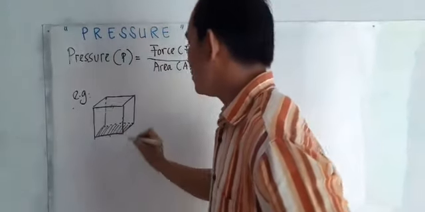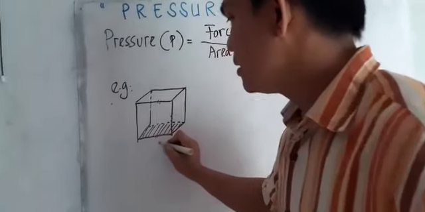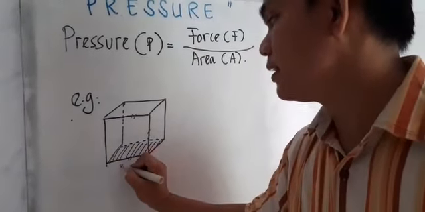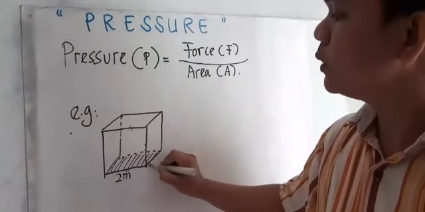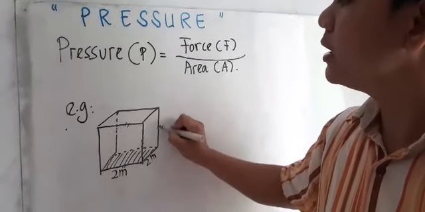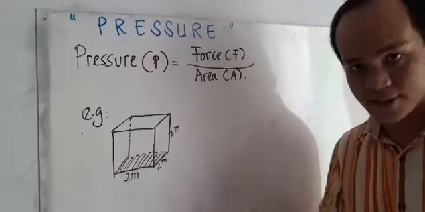If I tell you that the length of the cube side is 2 meters, for example, then we conclude that all the sides of the cube are 2 meters.